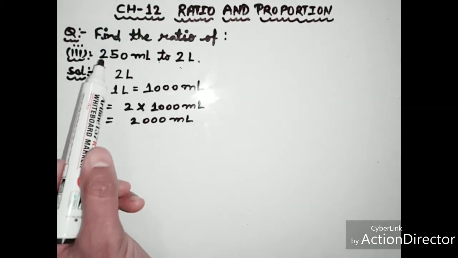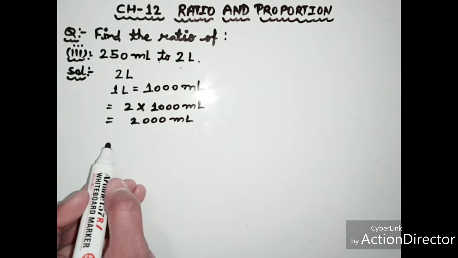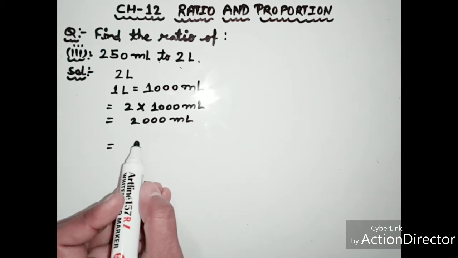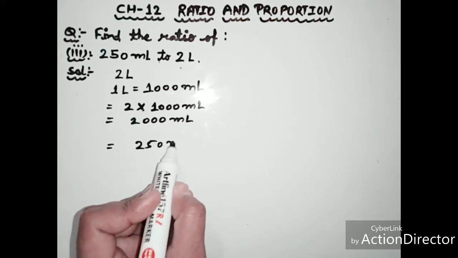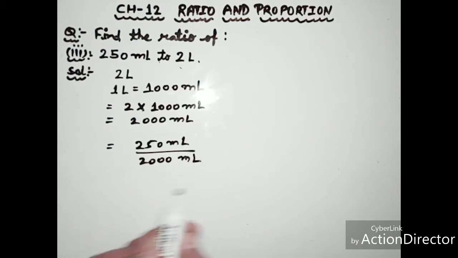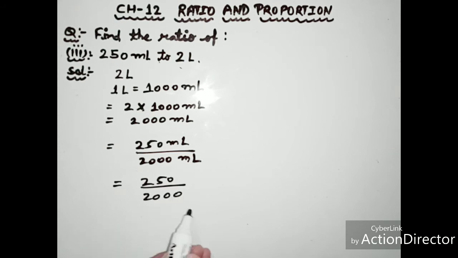Now here we find the ratio between 250 ml and 2000 ml. We write these two quantities in fraction form, 250 ml upon 2000 ml. Now we divide 250 upon 2000. Here 0 cancels out by 0, and 25 eights are 200.